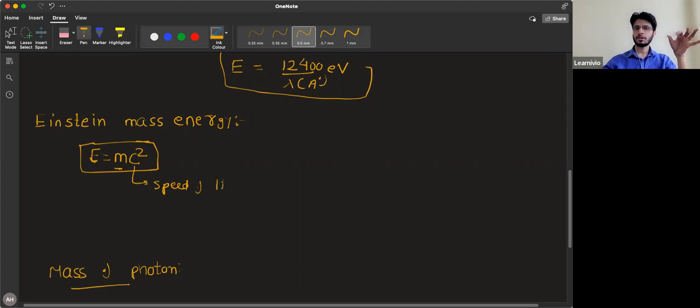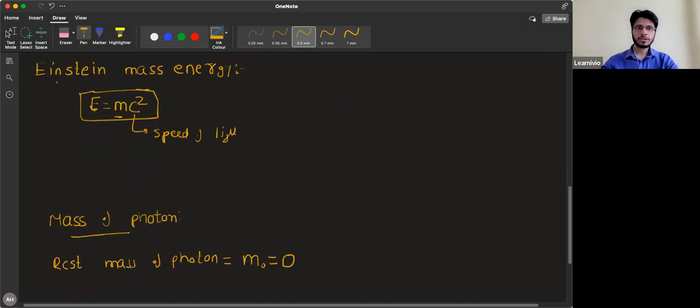Similarly, energy is not conserved. If you have some amount of energy and suddenly that energy disappears, that means the energy is converting into mass. So mass corresponding to energy is E by c square. That's Einstein's mass energy equivalence. It simply says neither energy nor mass is conserved, but they can convert from one to the other.